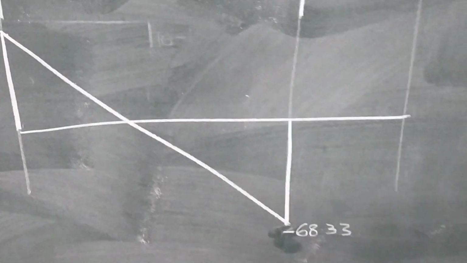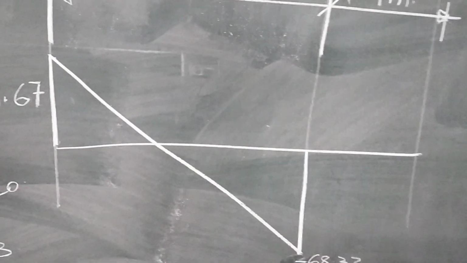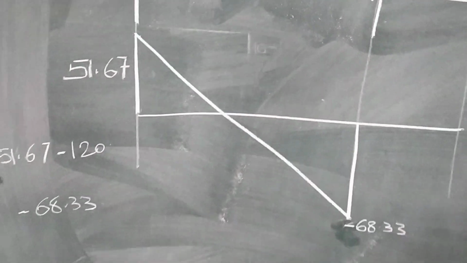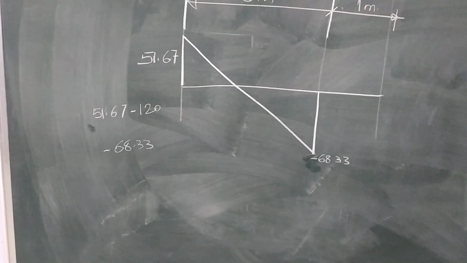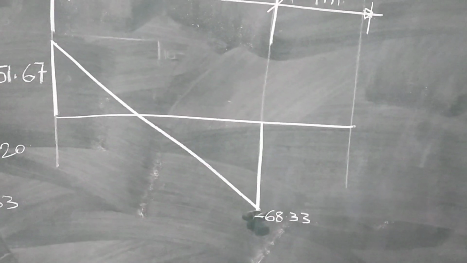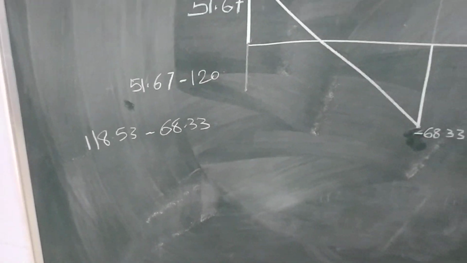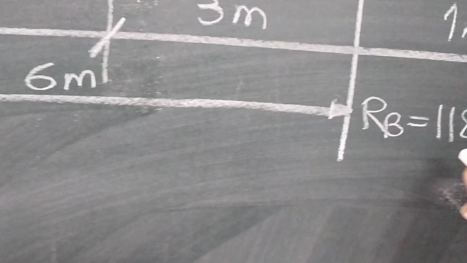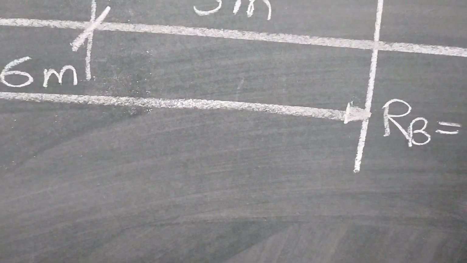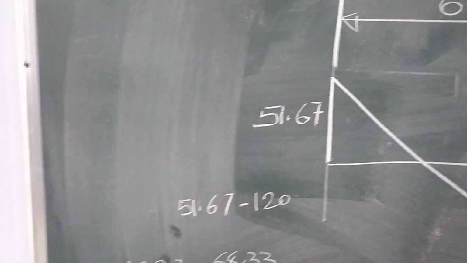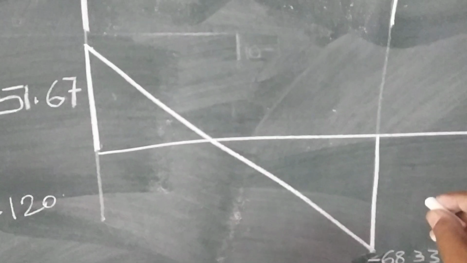This is minus 68.33 because at B there is Rb, which is 118.53 upward load. Here, instead of 118.53, it is 118.33. So now 118.33 minus 68.33 is nothing but 50.